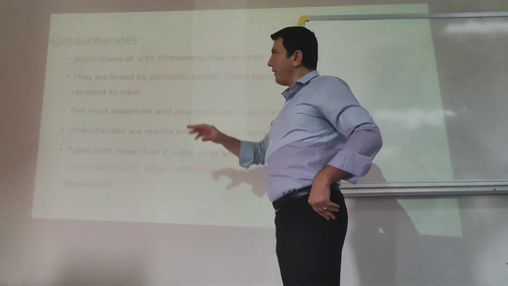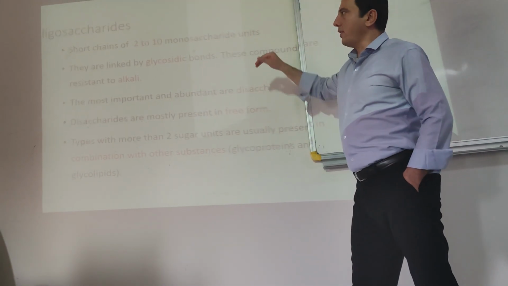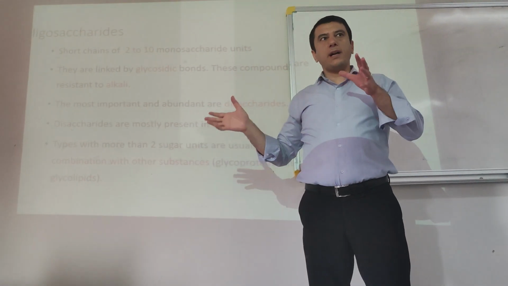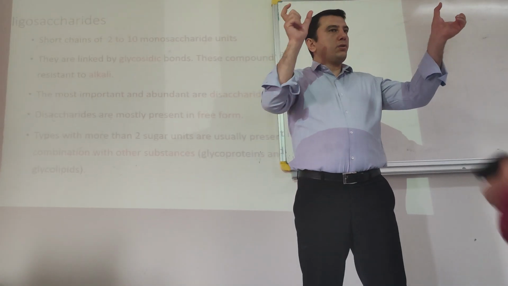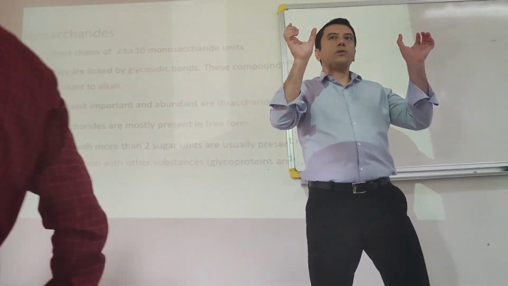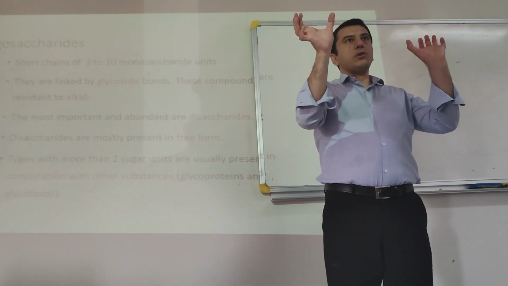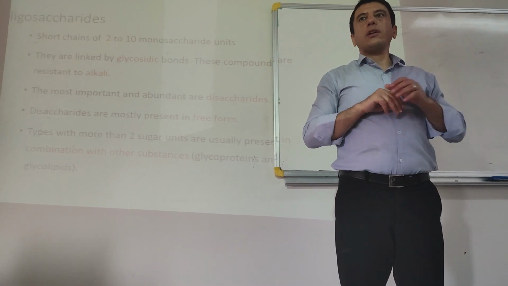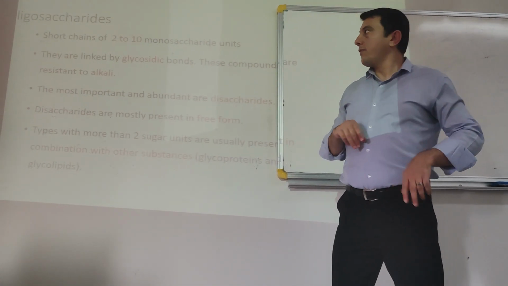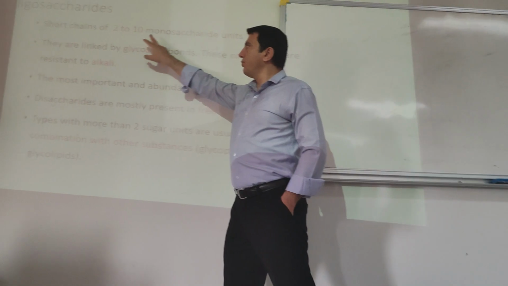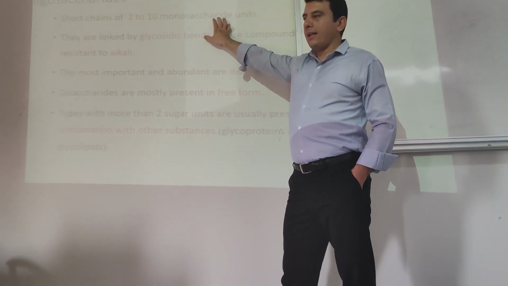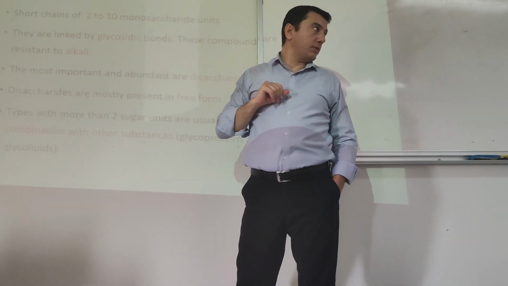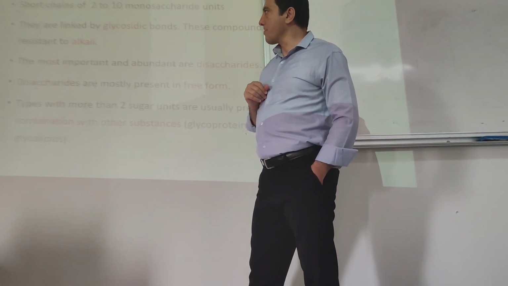Oligosaccharides contain 2 to 10 monosaccharide units. As you can see in our last part of explanation, when two sugars join to each other, the joining style is from an oligosaccharide reaction, and the link between two monosaccharides is named a glycoside, an O-glycoside reaction.